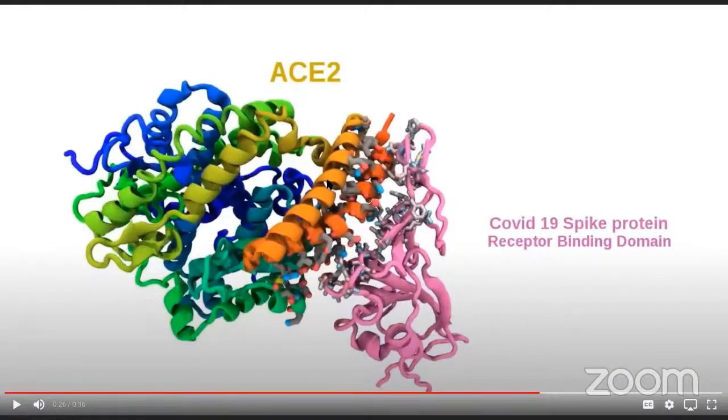I told you about protein-protein interactions, right? This ACE2 is one protein from the humans. This pink is one protein from the virus, and these two proteins are interacting. If these two proteins do not interact, then there is no way that the virus genetic material can enter our cells.